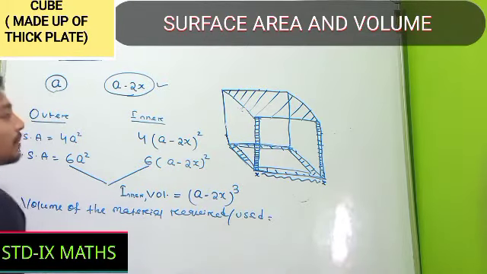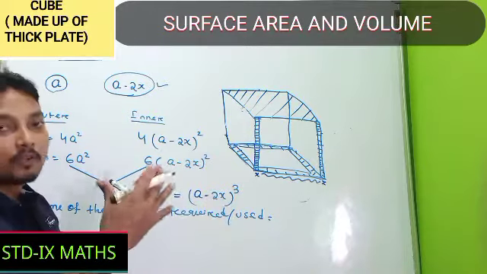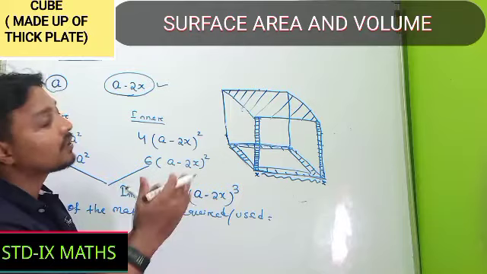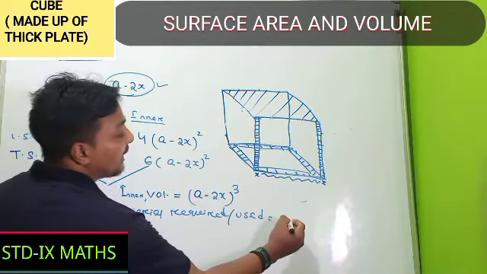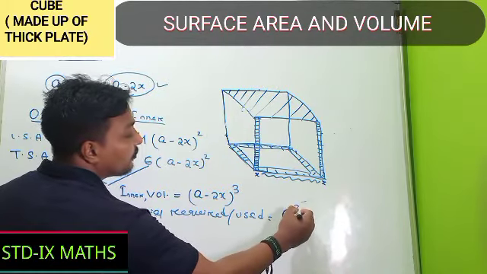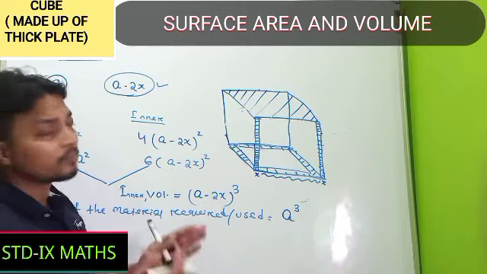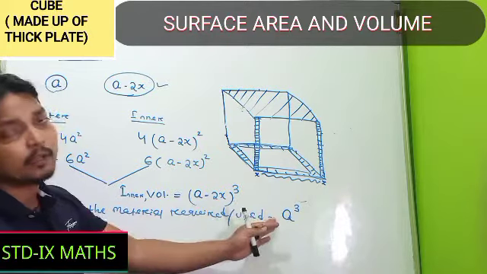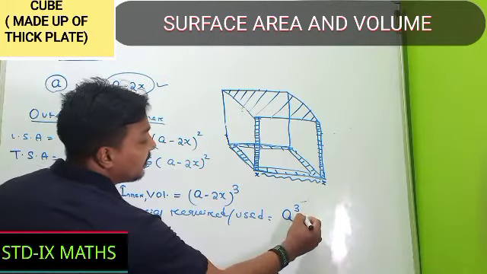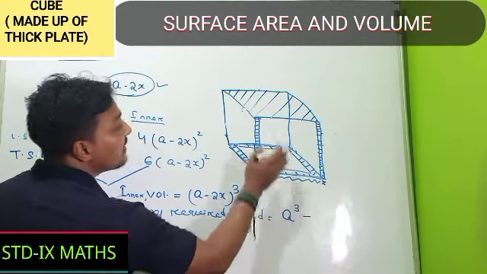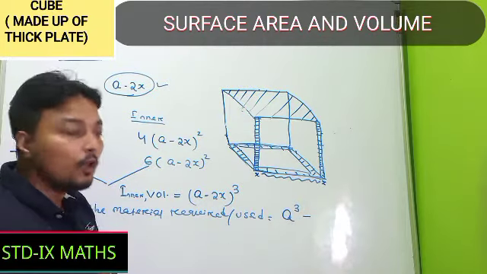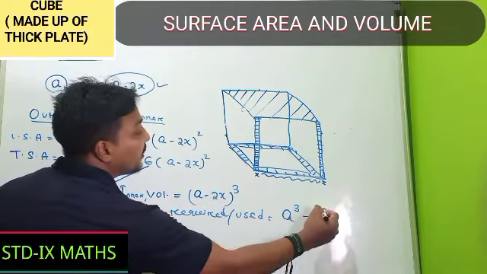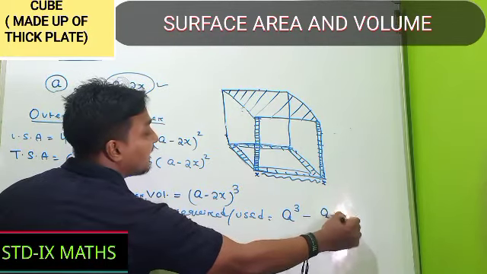It is equal to outer volume minus inner volume, that is, volume of the outer cube minus volume of the inner cube. The outer cube has side a, so the outer volume formula is a cube. Inner volume means the inside is also another cube, whose each side is a minus 2x, so its volume will be a minus 2x its cube.